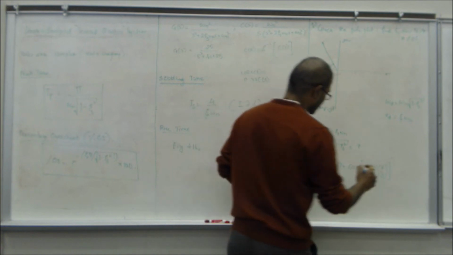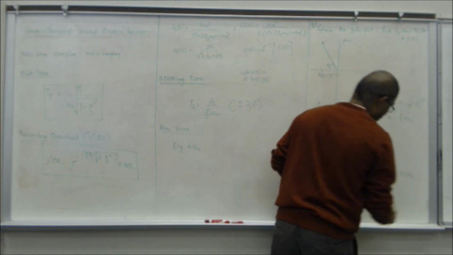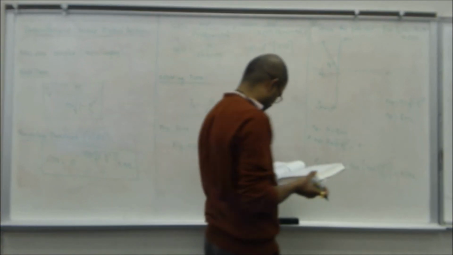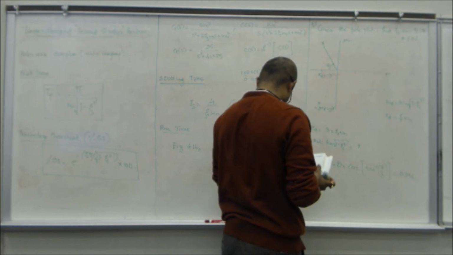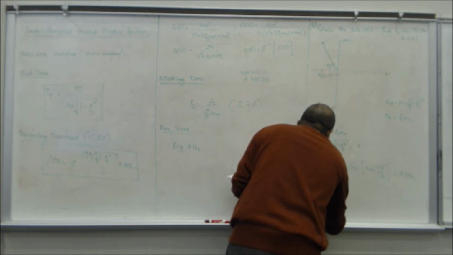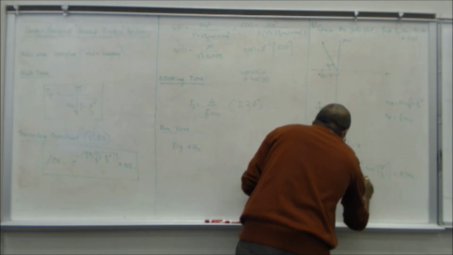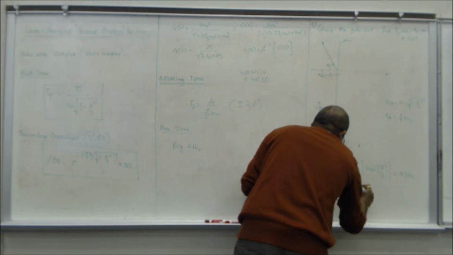So here this would come out to be 0.394. Okay. And omega n is simply root of 7 square plus 3 square.